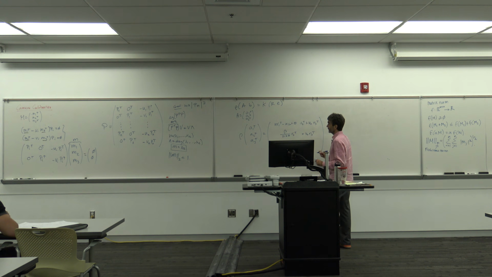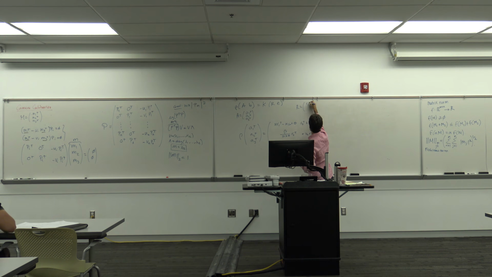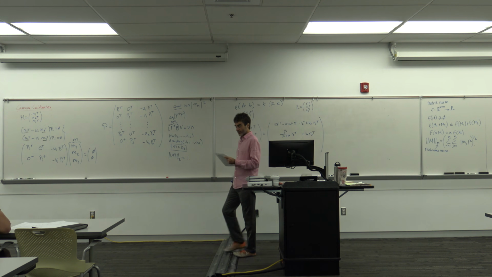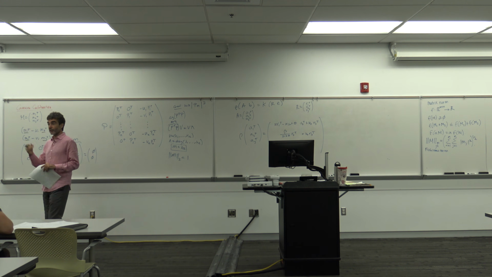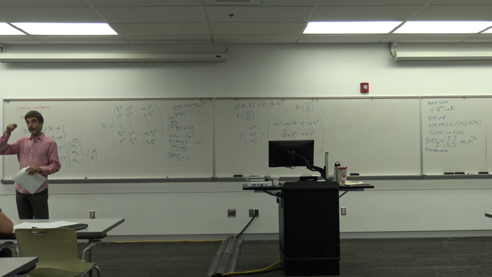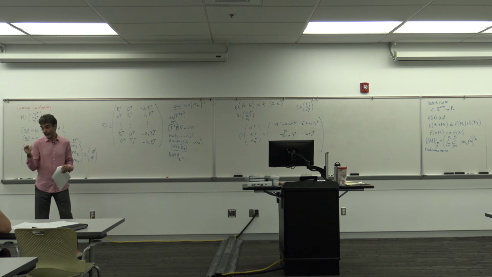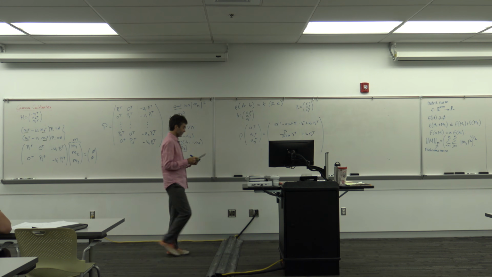Let's start with the rows of our rotation matrix. Our rotation matrix is R1 transpose, R2 transpose, R3 transpose, right? And we know that since this is a rotation matrix, these rows are orthogonal to one another. So the inner product of Ri transpose Rj has to be equal to 0 for i different than j, and 1 for i equal to j.